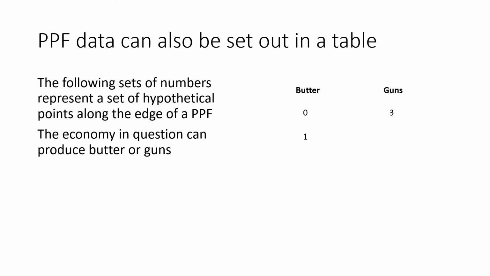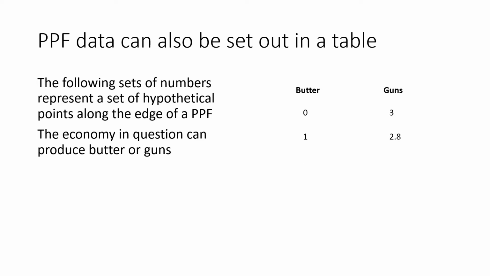If we do that, the output of guns is going to fall. And the reduction in the output of guns is the opportunity cost of producing this first unit of butter. So in numbers, the opportunity cost of producing this first unit is 0.2 guns lost or given up.